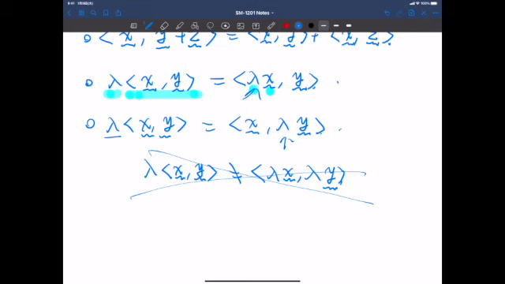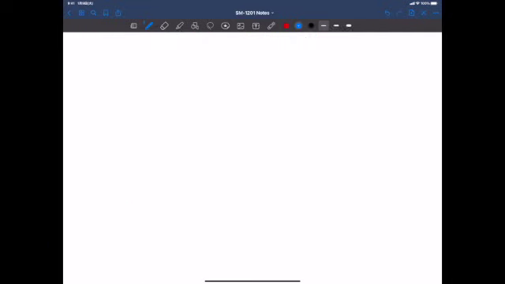Next, we are going to study the geometric meaning of scalar products. Here's a proposition. Let u and v be two-dimensional vectors. Then we have this result.